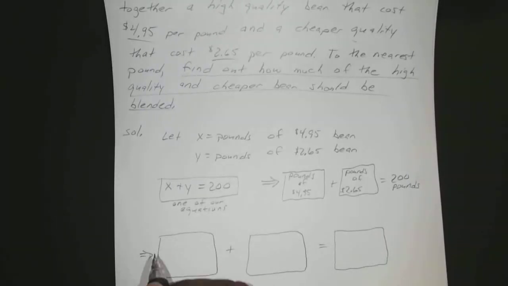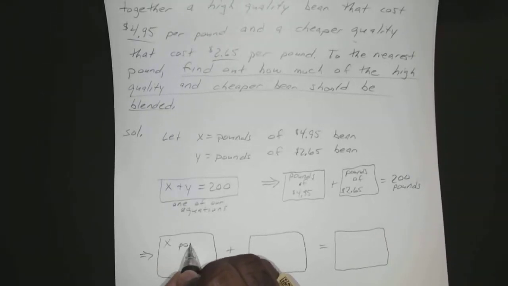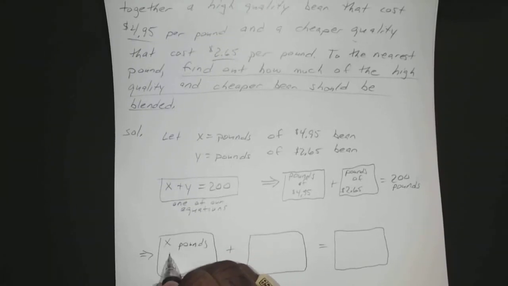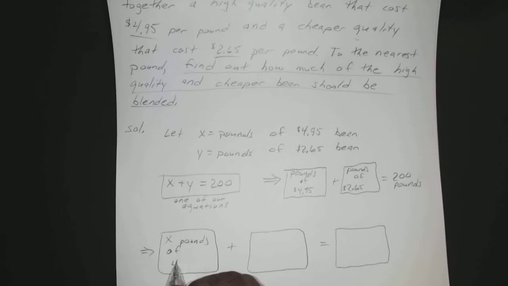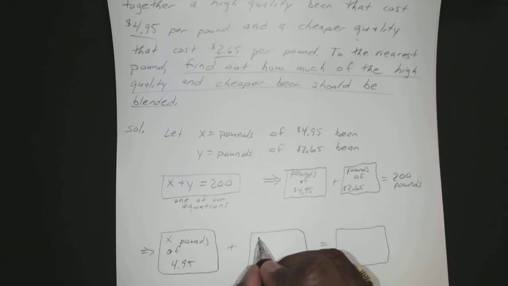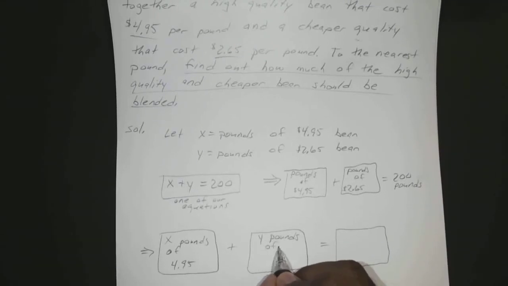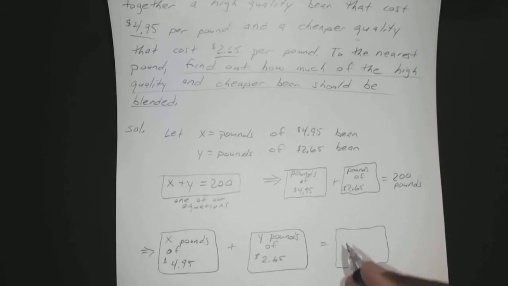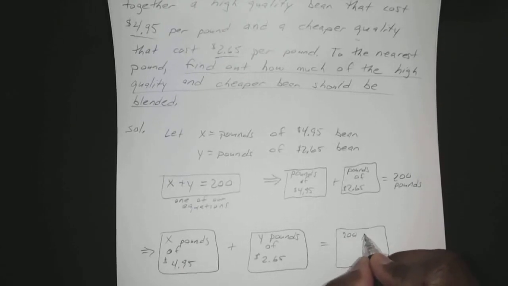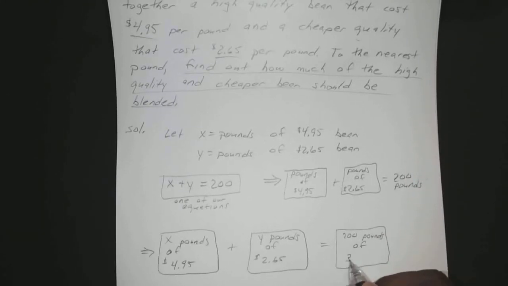So we have X pounds of the $4.95 bean, plus Y pounds of the $2.65 bean, equals 200 pounds of $3.95 bean.